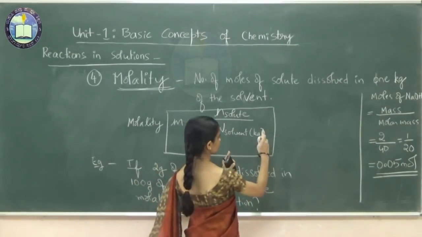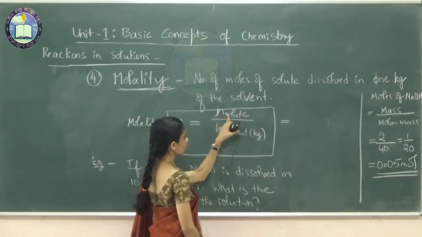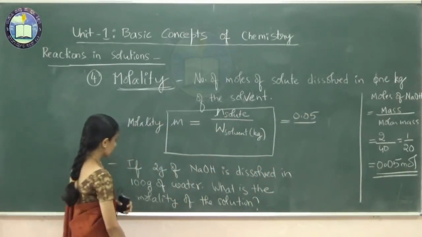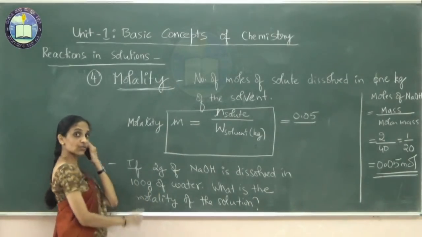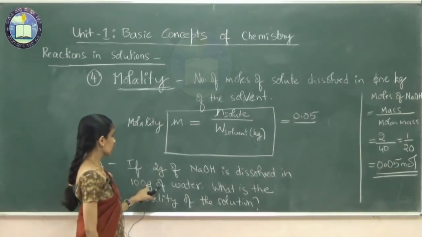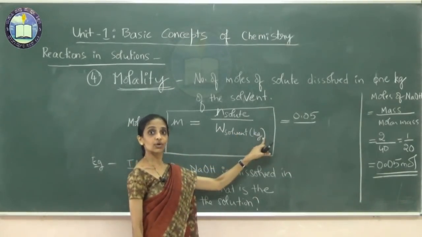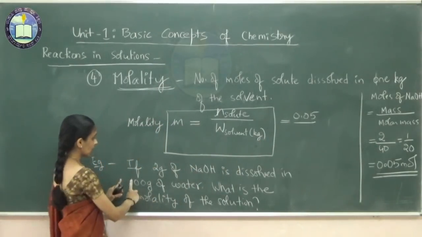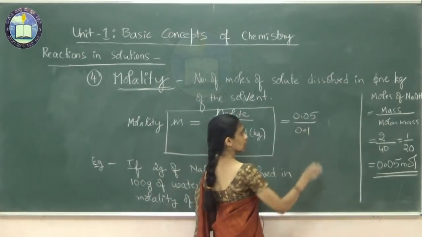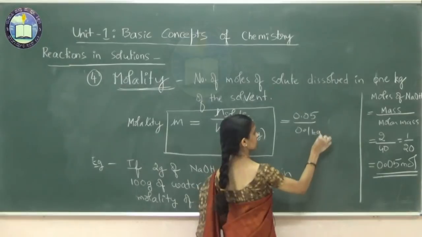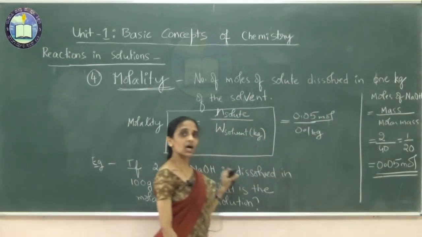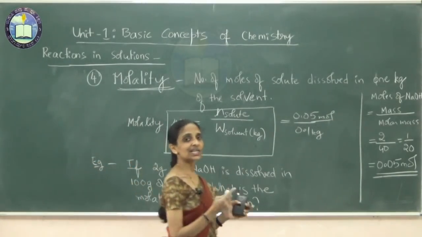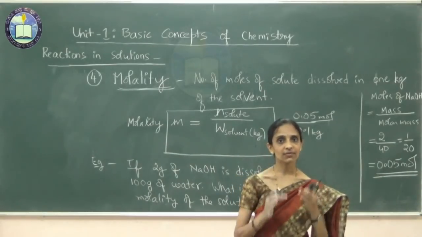Okay. Now, I will substitute in my main formula. Moles are 0.05 divided by the weight of the solvent. Solvent weight is 100 gram. But do I want it in grams? No, I want it in kg. 1000 grams is 1 kg. So 100 gram means how many kg? 0.1 kg. Is it not? How do you do it? Again, division by 1000. In the previous problem, while converting milliliter to liter, we divided by 1000.